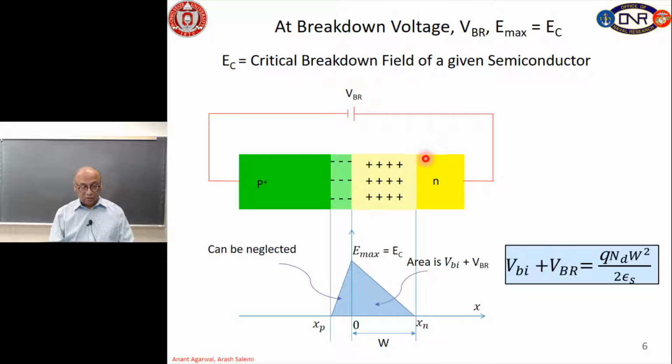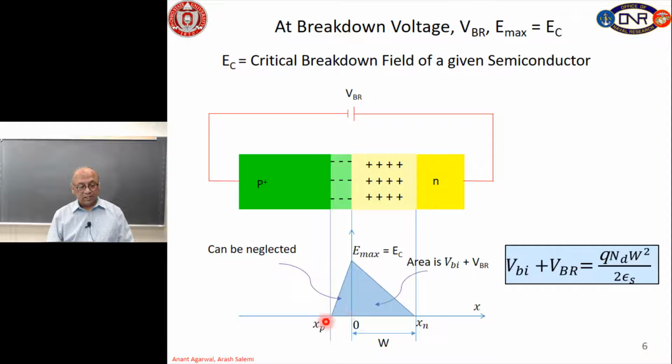So, here we show a one-sided p-n junction, high p doping and low n doping, and when we apply a reverse voltage VBR, we deplete more on the n side, less on the p side. Electric field is maximum at the junction and then the electric field goes to 0 on both sides.